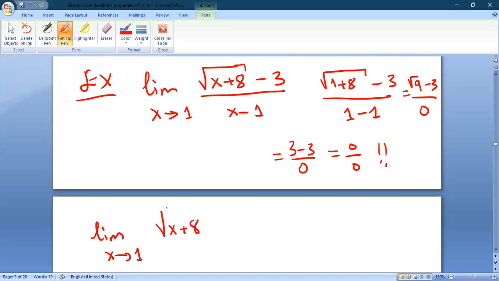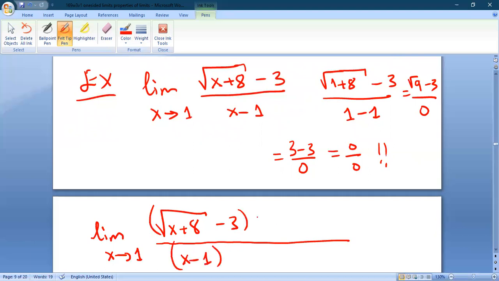So in this case, we are going to use that trick in the previous example backwards. Like, what am I saying here? I'm going to multiply top and bottom by the conjugate of the expression on the top, both top and bottom.